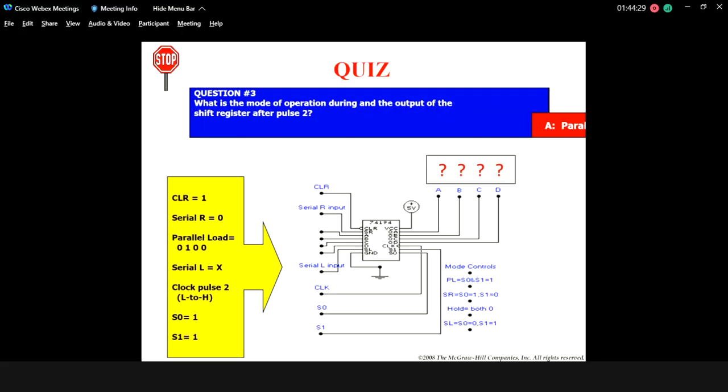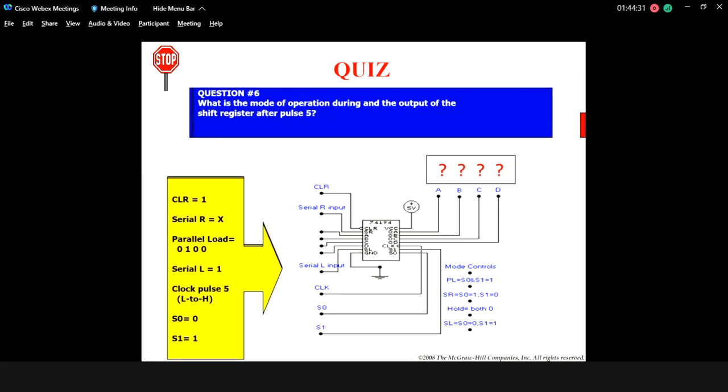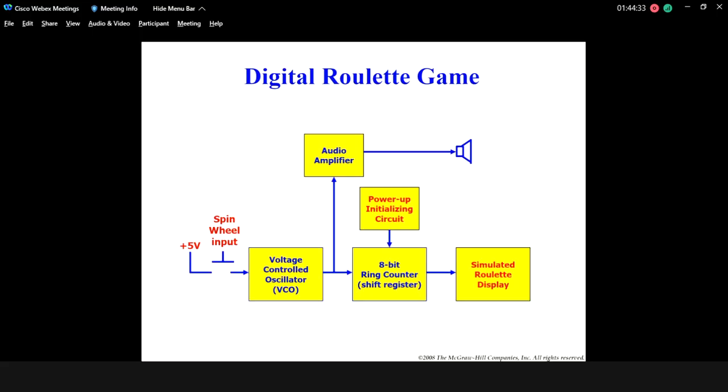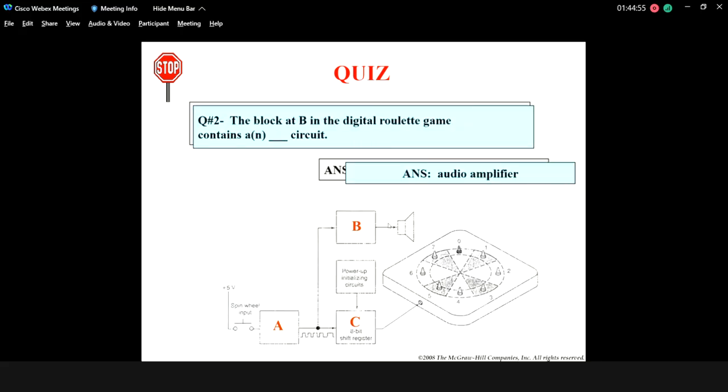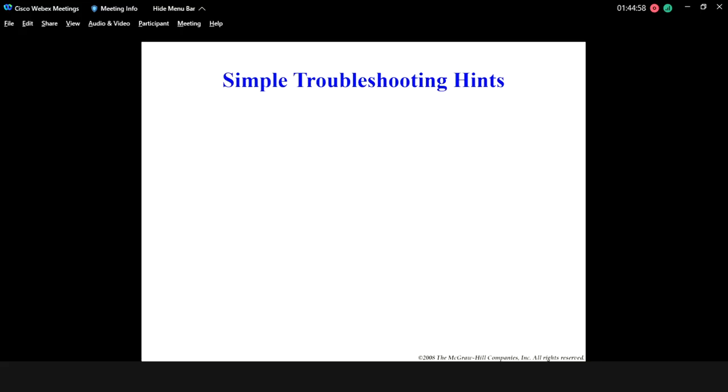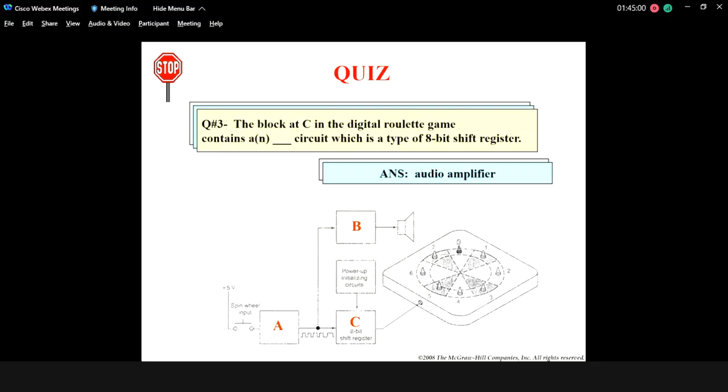I don't know whether nice or not, but they use it in games. So there is a power up initializing circuit, and then simulate router display. I think they use it in a game like Mojutaria or something like that. However, I'm not so familiar with the circulation type.